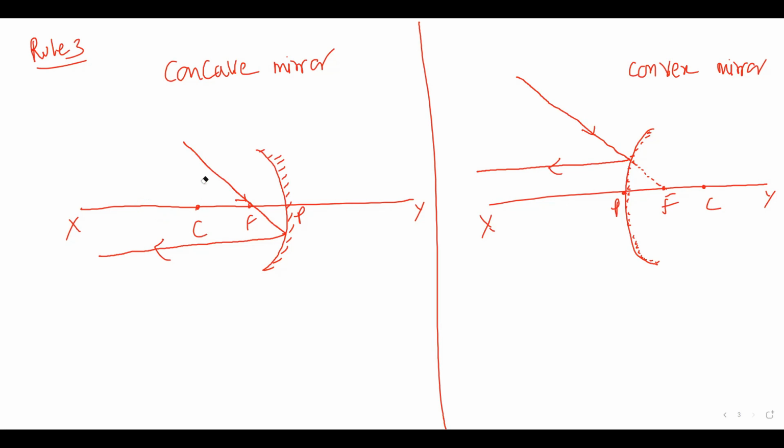Third rule. Yes, if a ray is passing through the focus, it will become parallel to the principal axis. Now, last and final rule. Rule number 4.